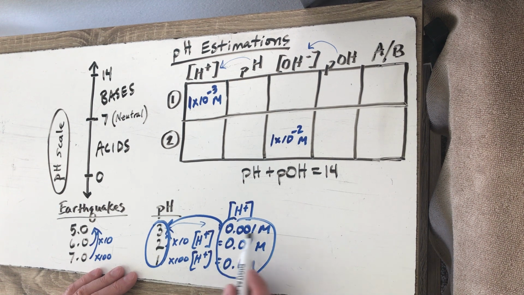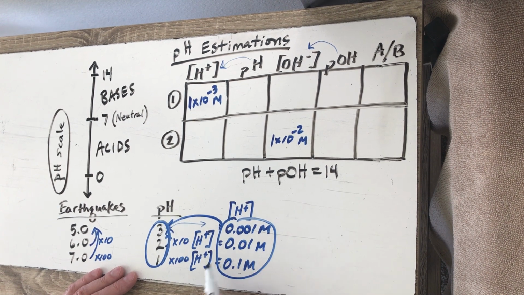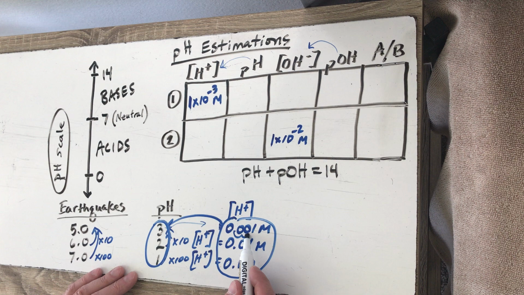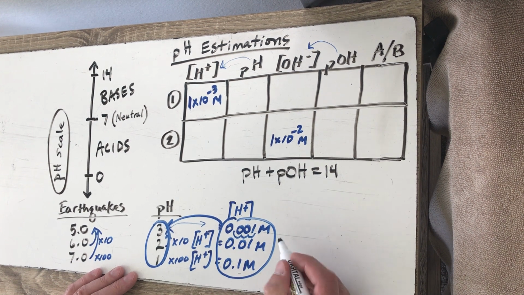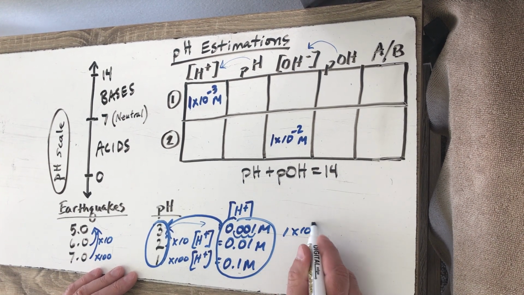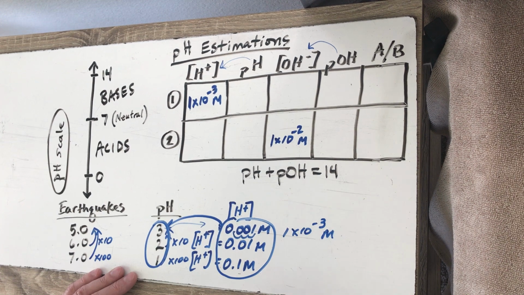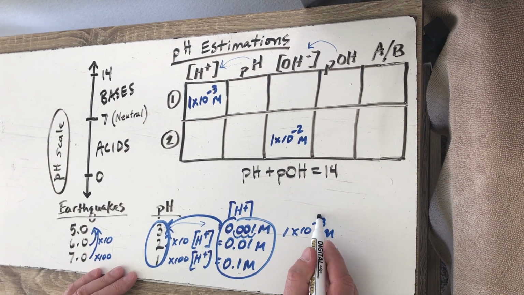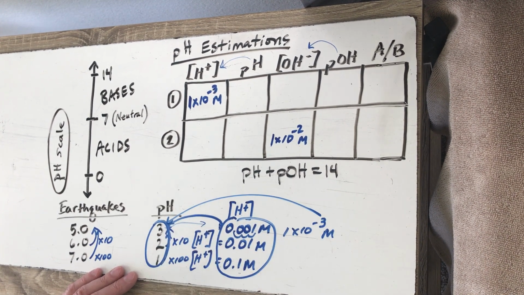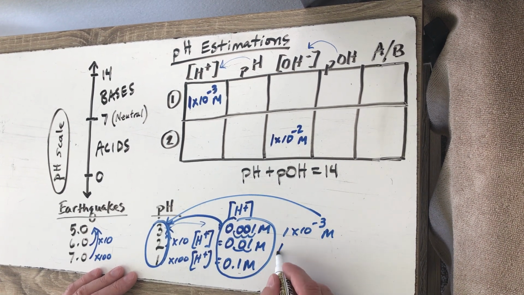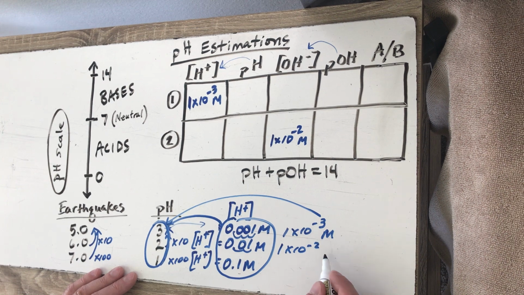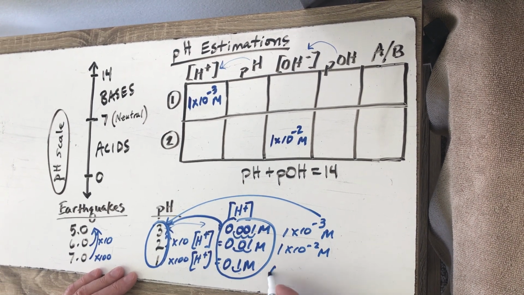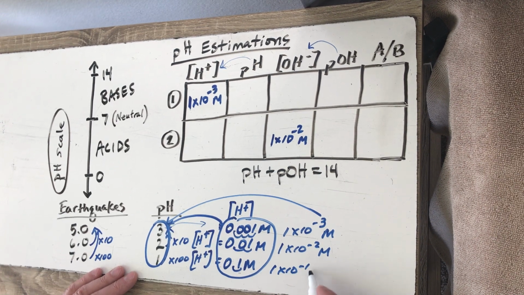If I were to take this number and write it in scientific notation, I would move my decimal 1, 2, 3 spots back, and this would be 1 times 10 to the minus third molar. Notice that exponent right there matches the pH. If I move this back 1, 2 spots, it's 1 times 10 to the minus second molar. If I move this back, it's 1 times 10 to the minus first molar.